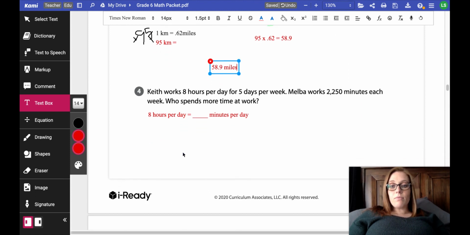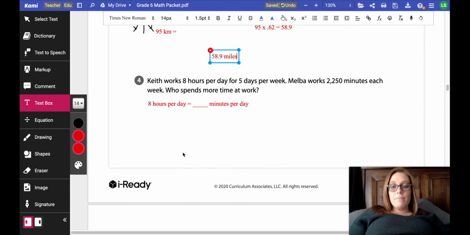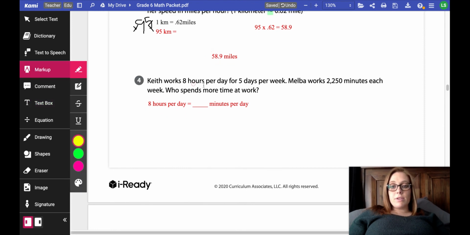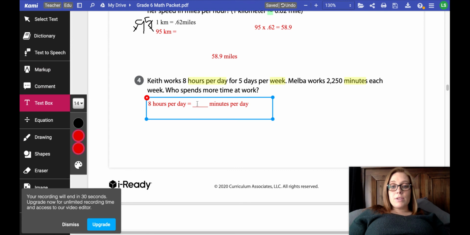Okay. So number 4, again, we've got 3 units of measurement here. We've got hours per day, we've got per week, and then we've got minutes. We've got a lot going on here. So in order to compare Keith and Melba, I'm going to convert Keith's time per day into minutes.